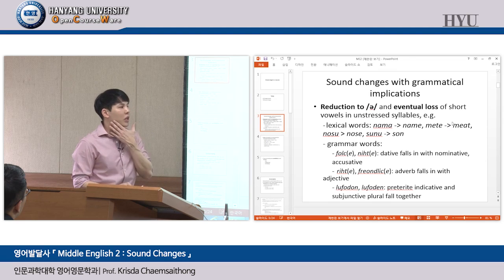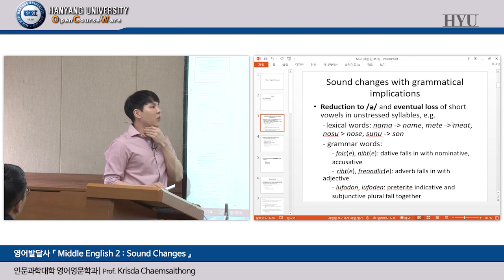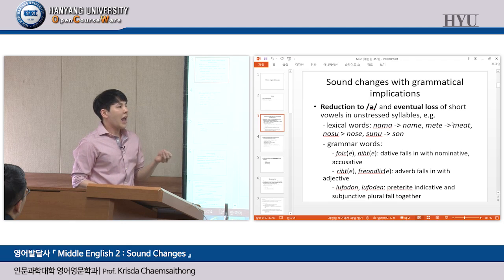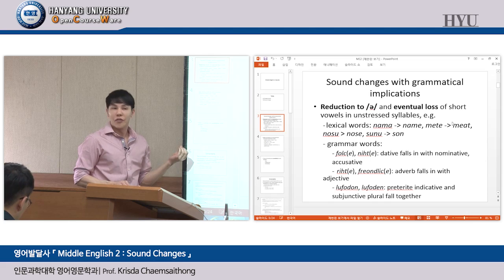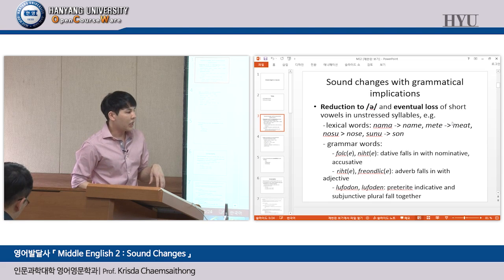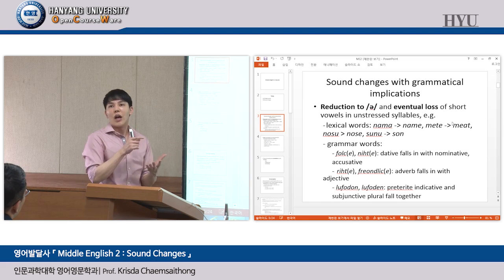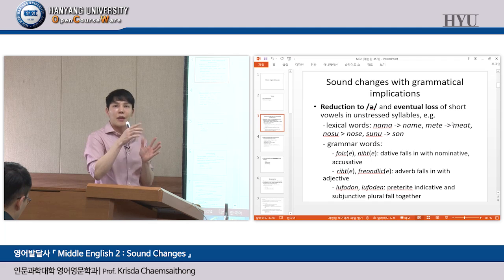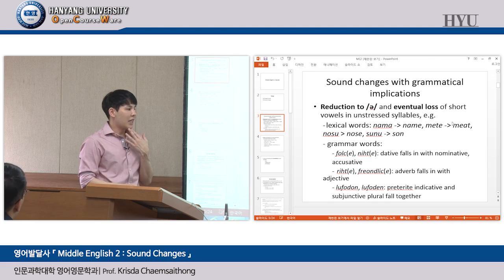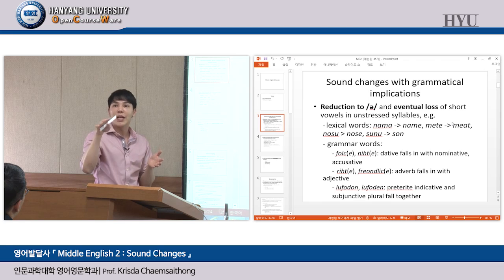Now in grammar words also, words that have the dative ending, words that have the E ending as the adverb, words that have the ON ending, past participle or past tense also. All of these will become a schwa sound, right? Spelled with an E, or sometimes the E will be gone. Just as luphodon, the ON will become the EN and sometimes it's gone.